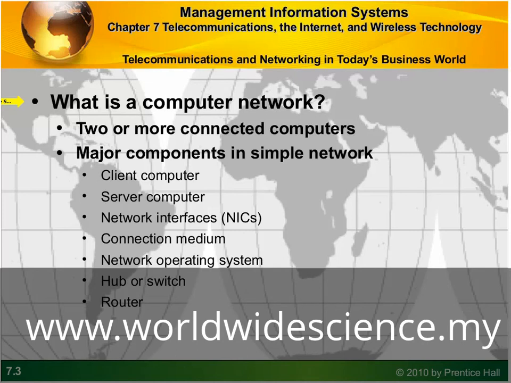There are some major components in a simple computer network. We can name them as client computer, software, server computer, a network interface or NIC or network card, connection medium, network operating system, hub or switch, and router.